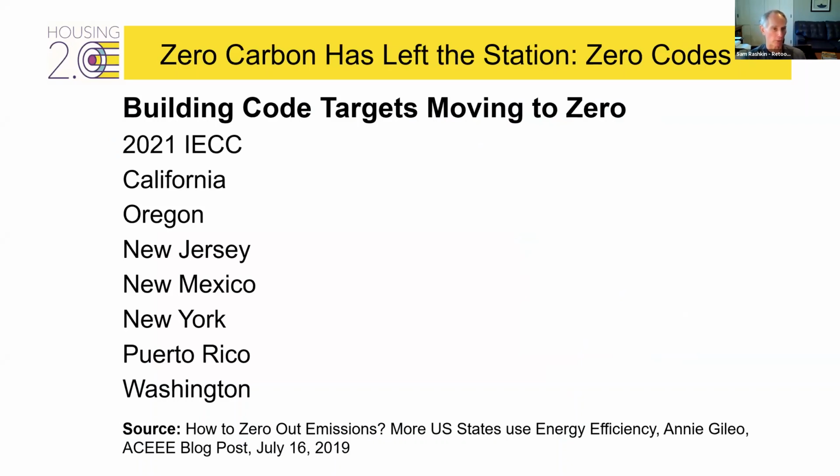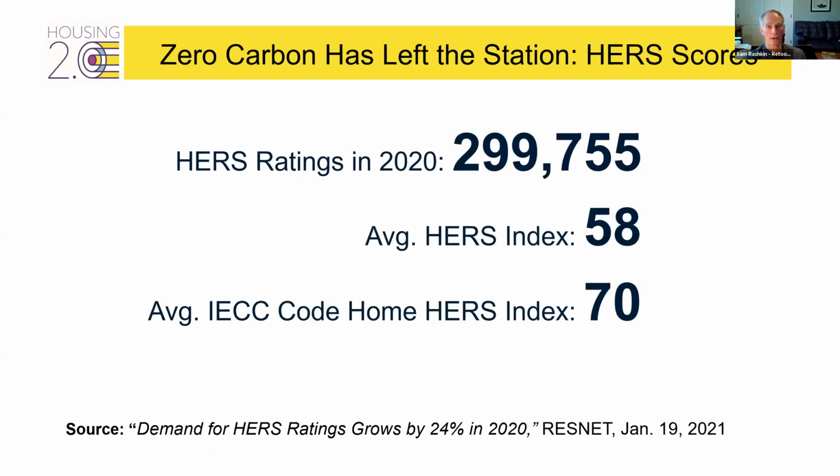A lot of these we know about: California, Oregon's on the path, Washington State, Eastern states, New Jersey, New York, New Mexico. And the big one, again, I want to highlight is 21 IECC National Code. This is a ready off-the-shelf solution for the entire country. All states and jurisdictions can go there and have a great platform for moving their market to zero. And on top of that, we can also just look at the HERS scores.